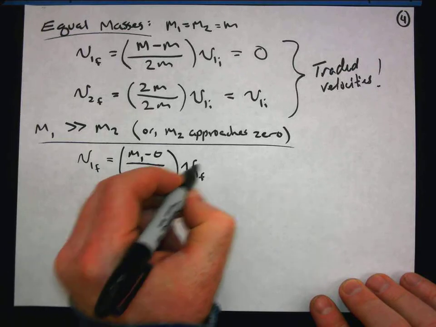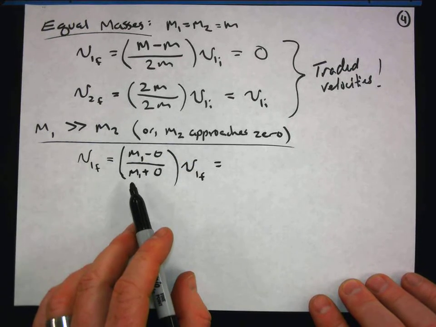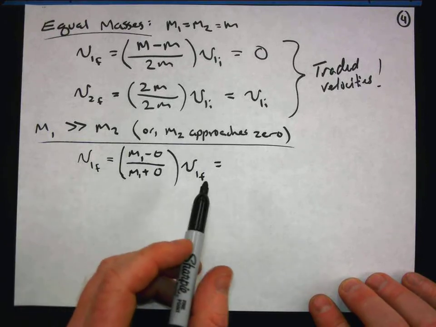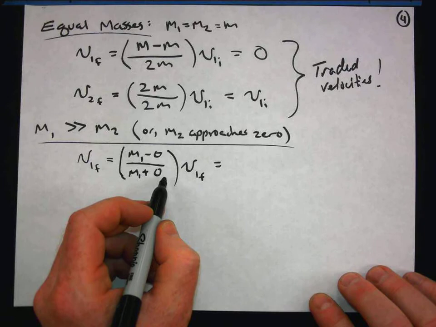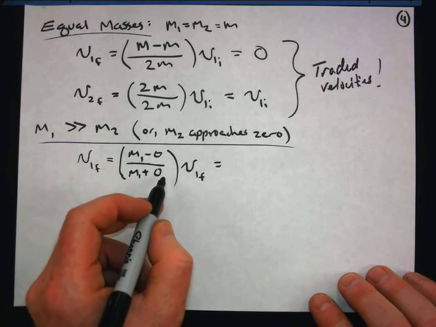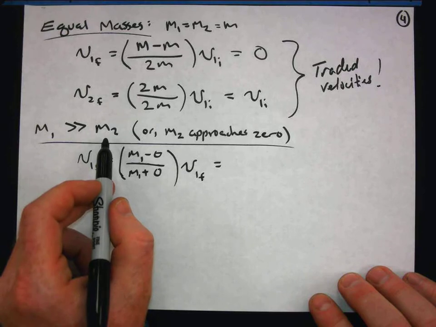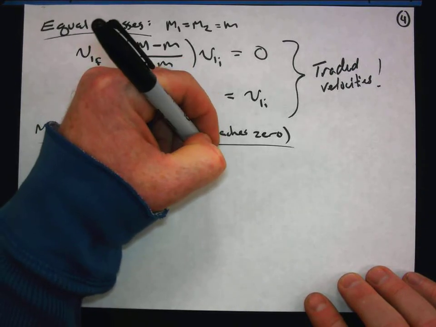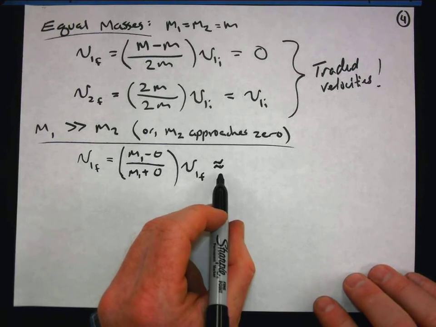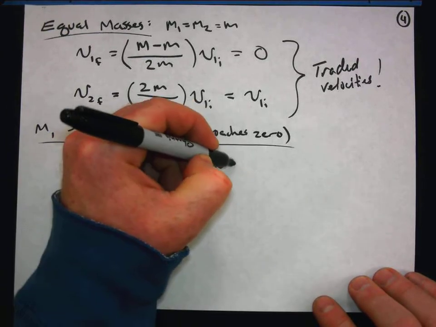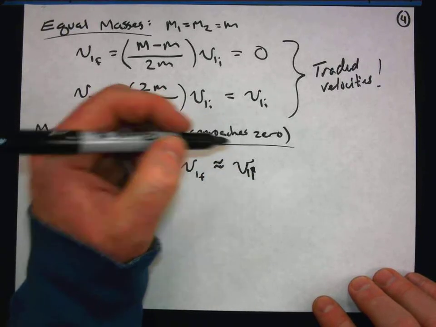Now, check this out. This fraction simply equals 1 at this point. But remember, it's not exactly 0, it's just approaching 0 mass. Or the difference is large enough that the mass of object 2 is insignificant, right? So I'm going to put these squiggly lines instead of an equal sign. This means approximately. So this is approximately the initial velocity of object 1.